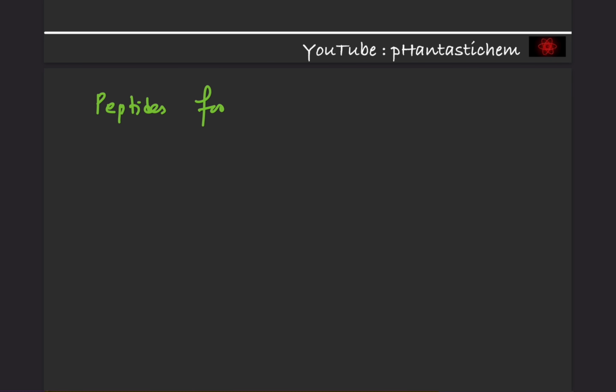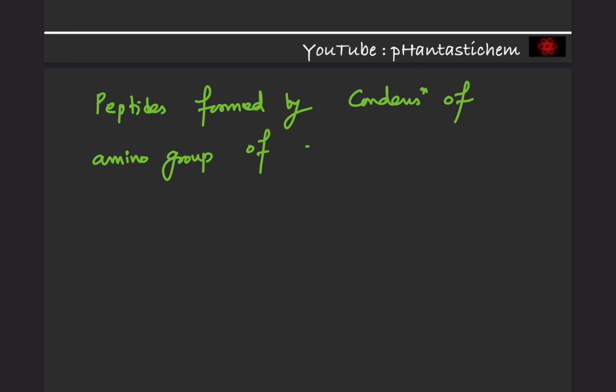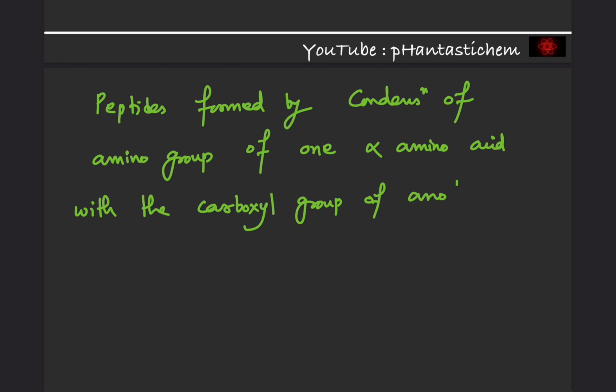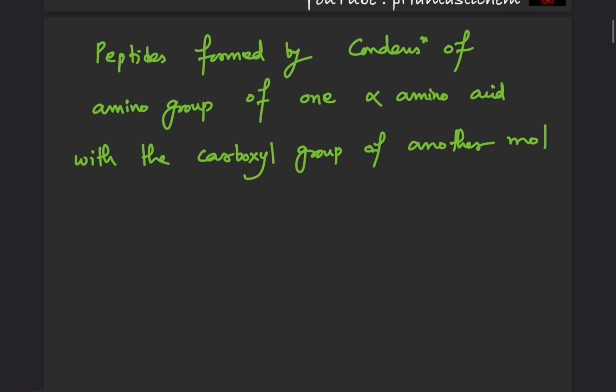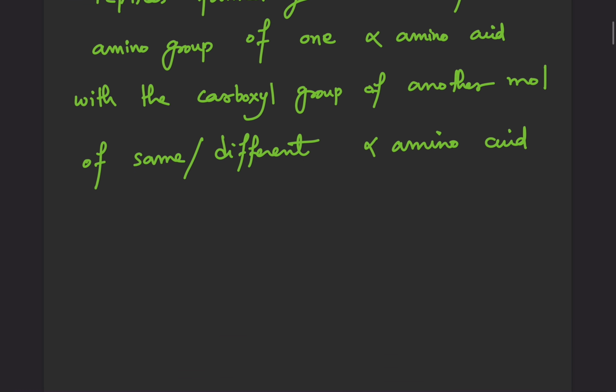Peptides formed by condensation of amino group, that is the NH2 group of one alpha amino acid with the carboxyl group, that is the COOH group of another molecule of, can be same or different, alpha amino acid with elimination of a molecule of water.